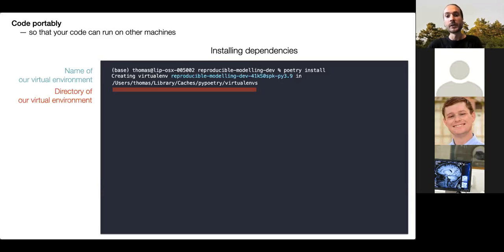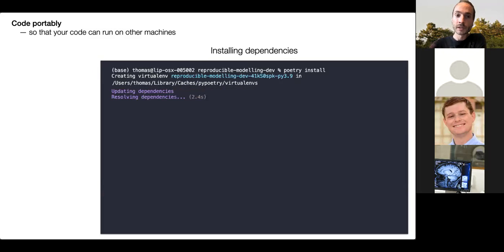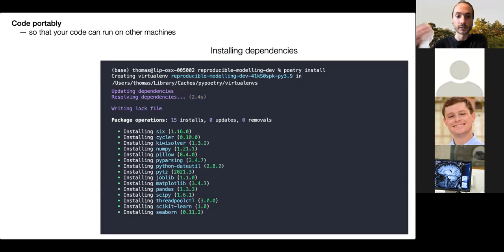And then you see also the name of the specific virtual environment, which is indicated here in blue. And then it goes ahead, it resolves all the dependencies just to make sure that all the versions that you entered that are provided by the file are matching with one another, are compatible, and then it installs all the dependencies to this directory.